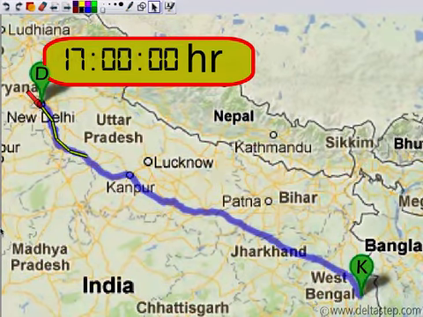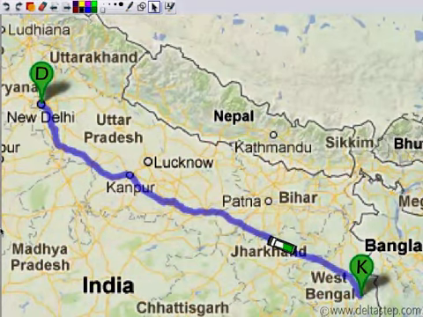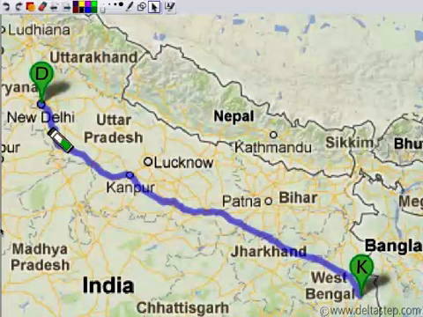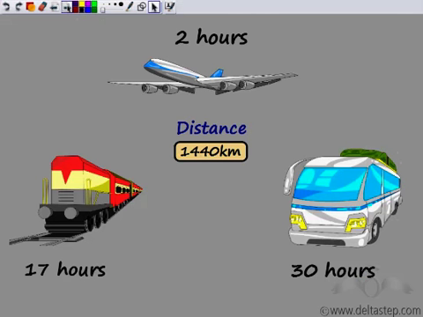And now let's look at the third option, which is the bus. For that same distance, bus takes 30 hours. So the difference is the time.